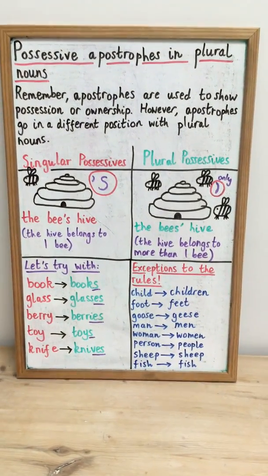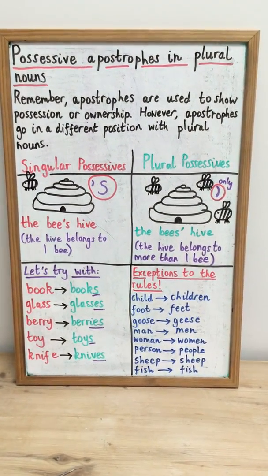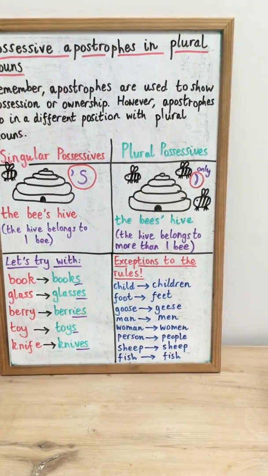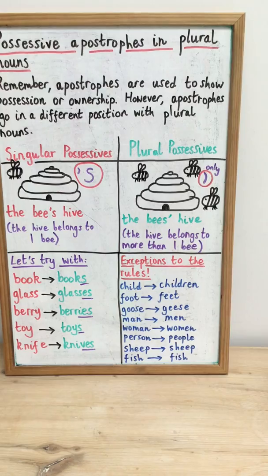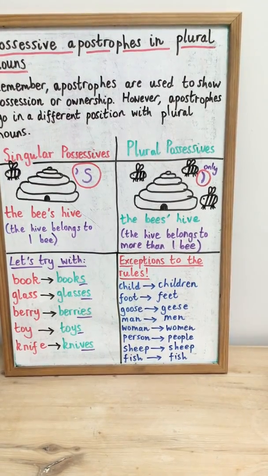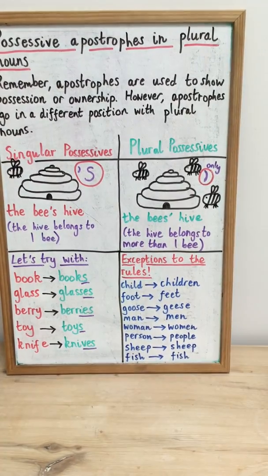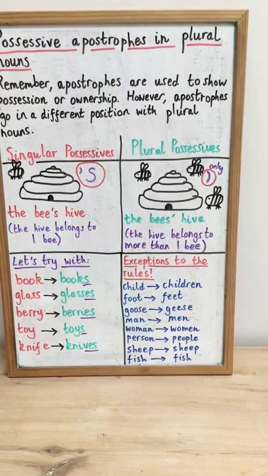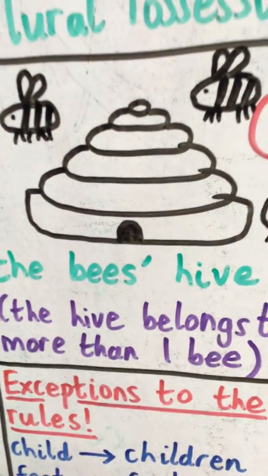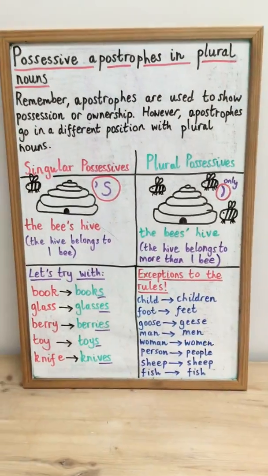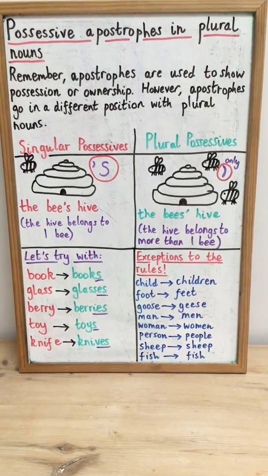This shows that the hive belongs to one bee. In contrast, if I had a hive that belonged to more than one bee, so you can see on the right I've got 3 bees, I would say the bees' hive, but my apostrophe would go after the S. That shows that the hive belongs to more than one bee.